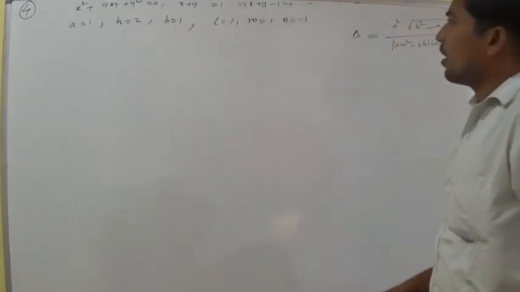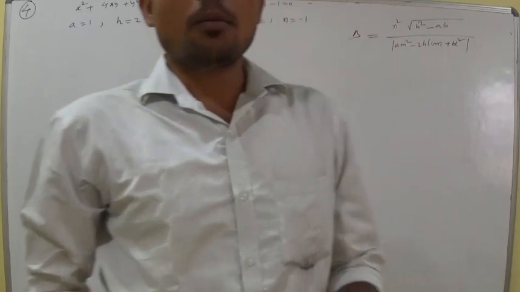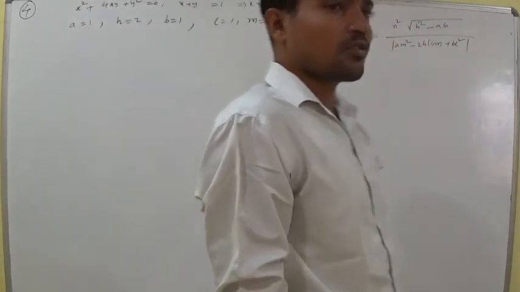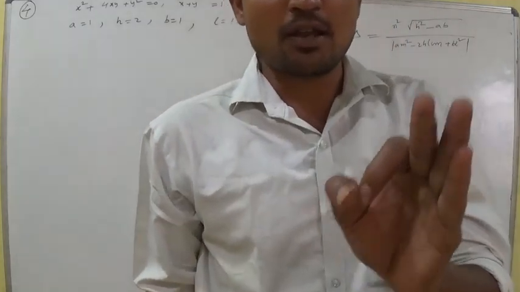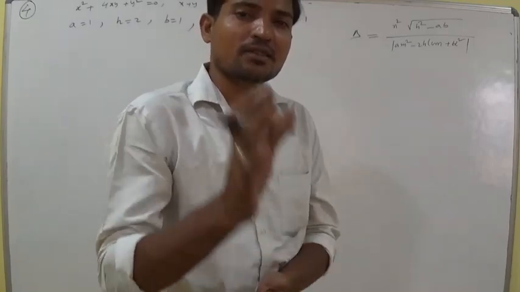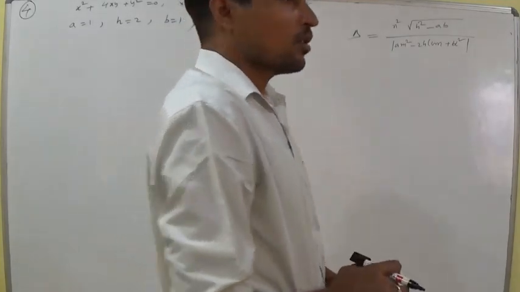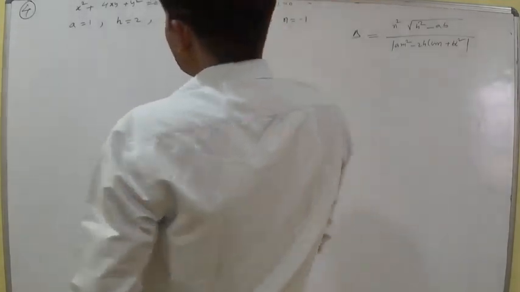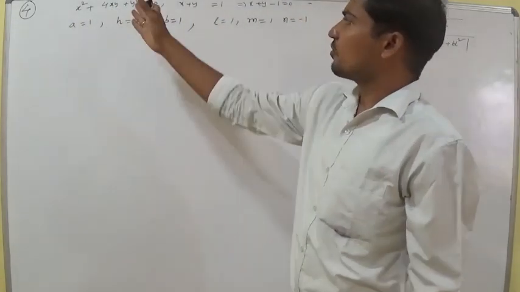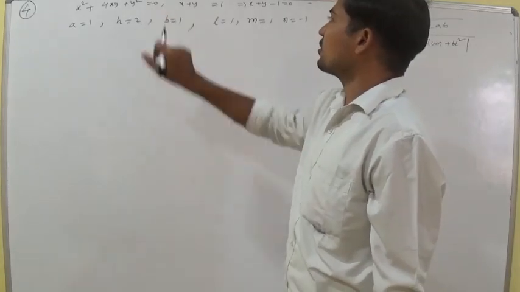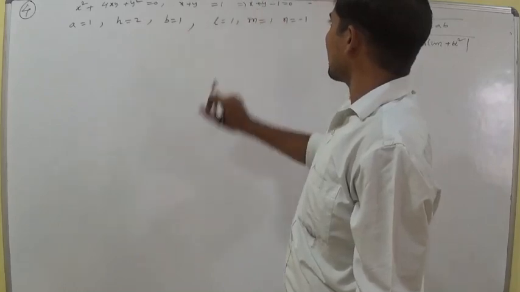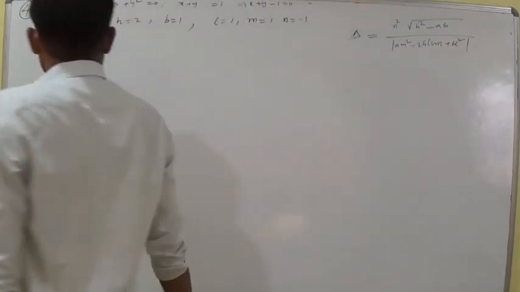Then we have the formula: area formed by the lines equal to n square into square root of h square minus ab by modulus of am square minus 2hlm plus bl square. So let us compare the values. a is equal to 1, 2h is equal to 4, then h is equal to 2 and b is equal to 1. l is equal to 1, m is equal to 1, n is equal to minus 1.